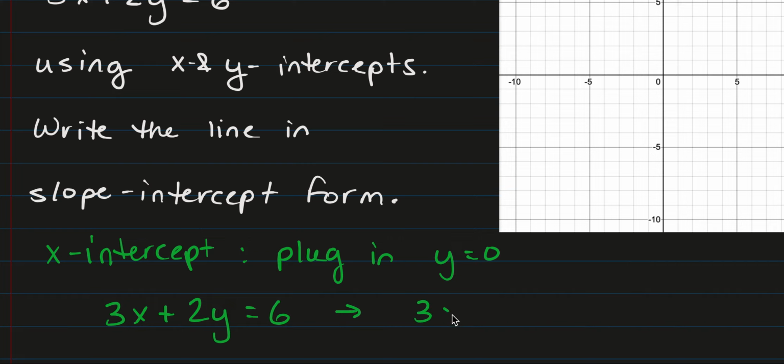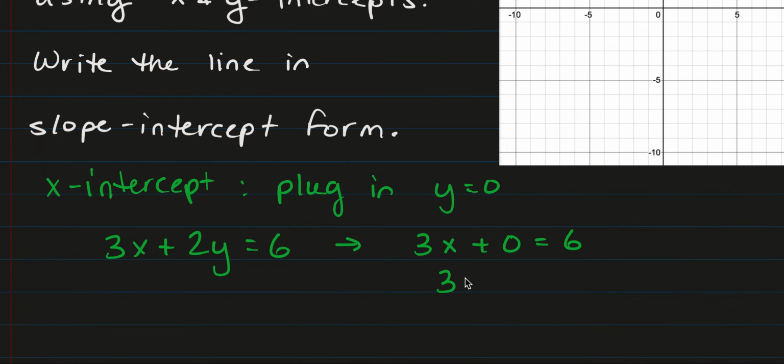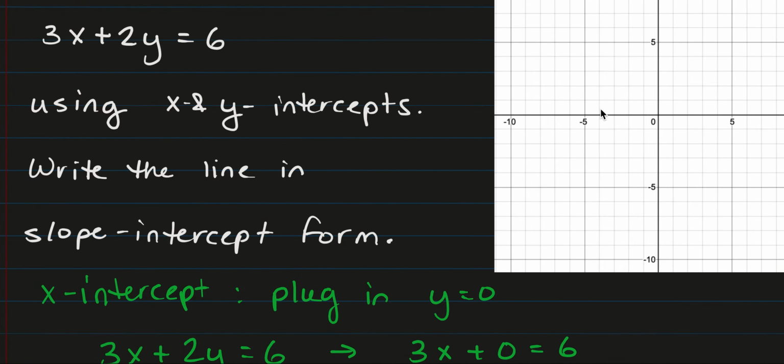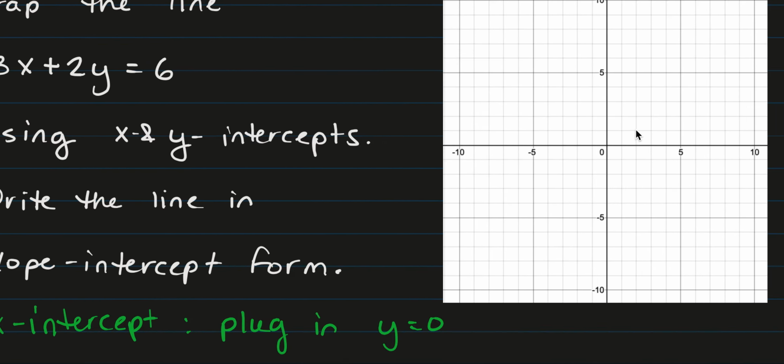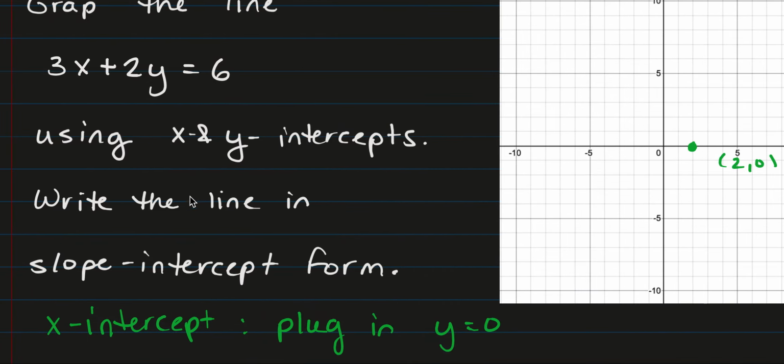So we get 3x + 0 = 6, which tells us 3x = 6, or x = 2. So the x-intercept is (2, 0). So let's put a point at (2, 0). That should be on the line.